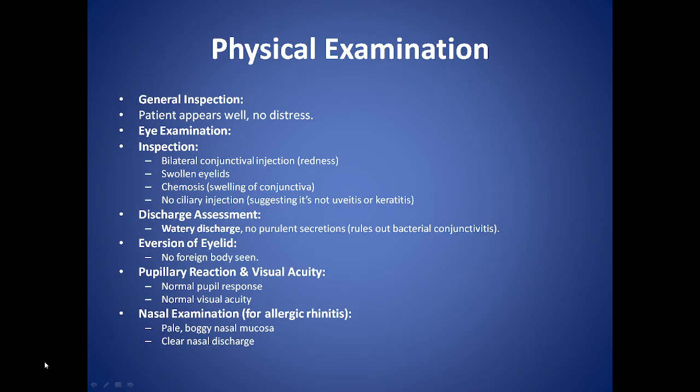Also, it's good practice to check the visual acuity with a Snellen chart, and with a pen light check the pupillary reaction, and at the end also we can check the nasal area because of allergic rhinitis, where we can see the pale and boggy nasal mucosa and clear discharge.